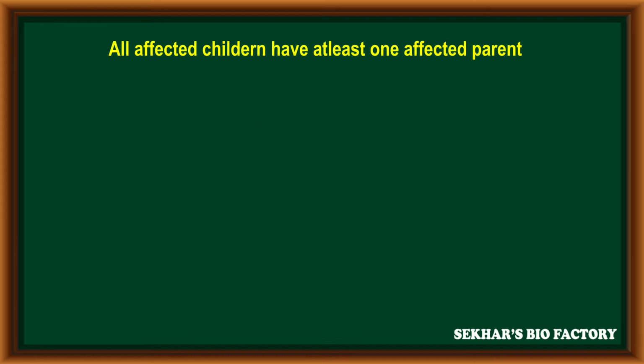In this, first one question is there. By looking at that pedigree chart, just take any one of the affected individuals. If this affected child has at least one affected parent, yes, that is a dominant inheritance.